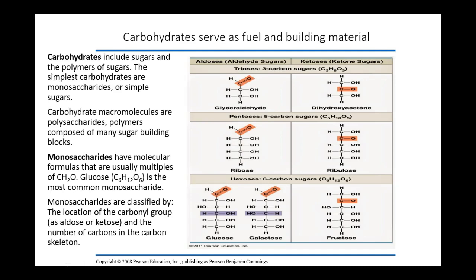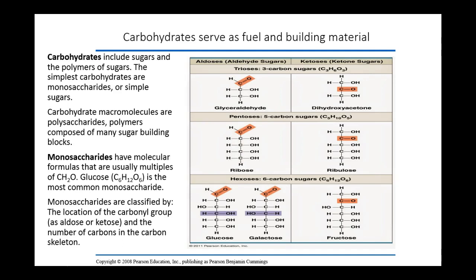And then in the middle you have a 5-carbon sugar, and then again looking at so each on the left and the right in the image, each are a 3-carbon or 5-carbon sugar or 6-carbon sugar, but where that carbonyl group is makes it completely different. For example, in the middle, that 5-carbon sugar, ribose, is the R in RNA, where ribulose is not that R in RNA. So that actually makes a huge difference with regard to how those two function.